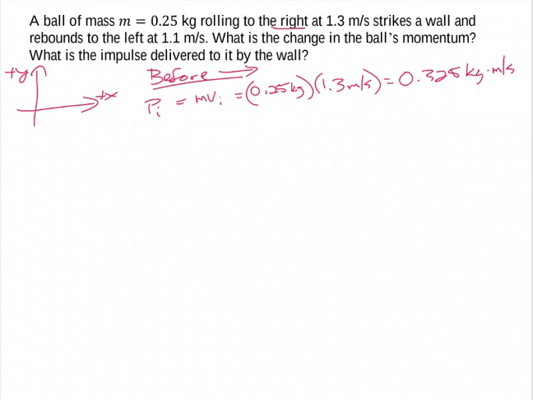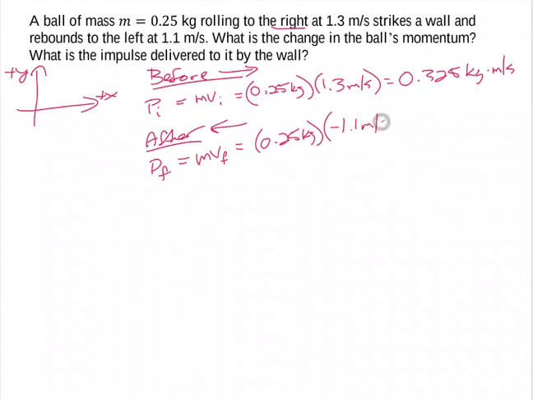Okay, now in the after. The ball is moving this way now. So this is momentum final, P sub F. That will be mv sub F. The mass is still the same, 0.25 kilograms times negative 1.1 meters per second, because we're going against positive x.